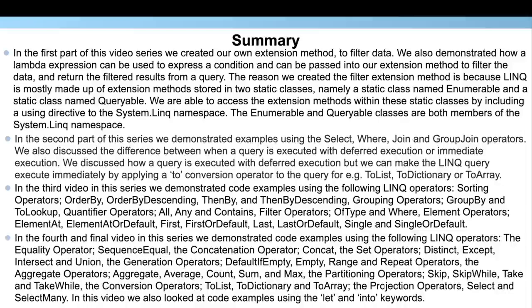In the fourth and final video in this series, we demonstrated code examples using the following LINQ operators: the equality operator, SequenceEqual; the concatenation operator, Concat; the set operators, Distinct, Except, Intersect, and Union; the generation operators, DefaultIfEmpty, Empty, Range, and Repeat operators; the aggregate operators, Aggregate, Average, Count, Sum, and Max; the partitioning operators, Skip, SkipWhile, Take, and TakeWhile; the conversion operators, ToList, ToDictionary, and ToArray.